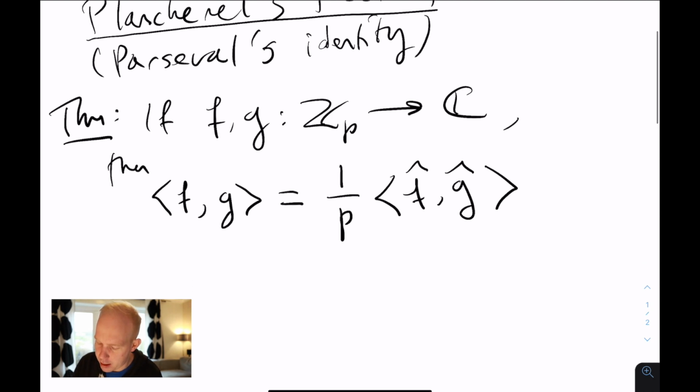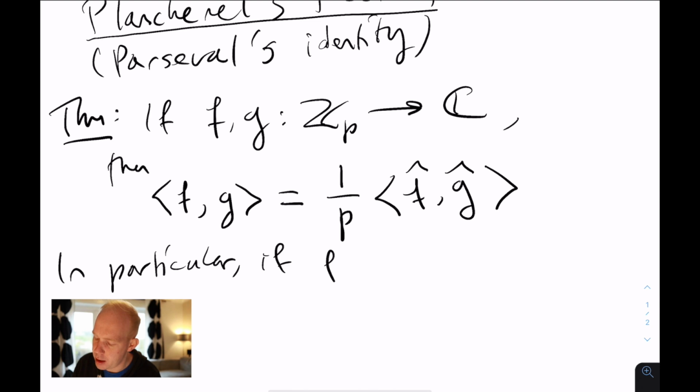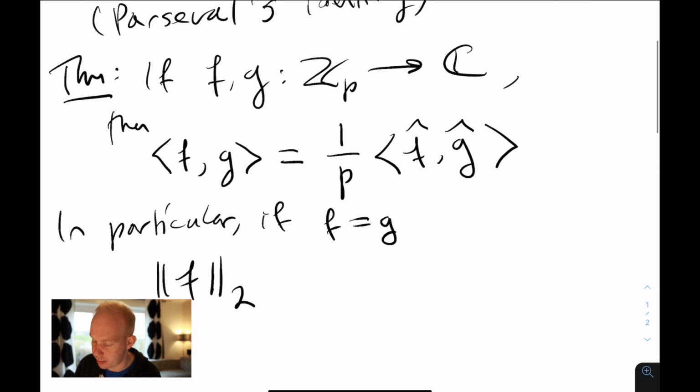In particular, this is the connection to the L2 norms: if f is equal to g, remember that the L2 norm was just the square root of the inner product of f with itself.